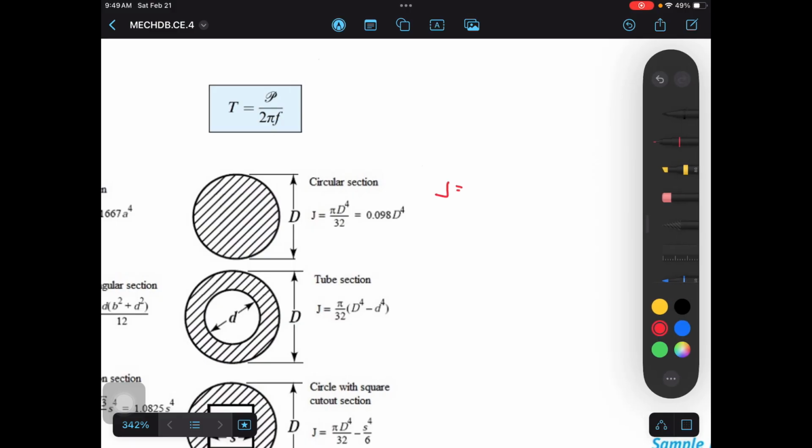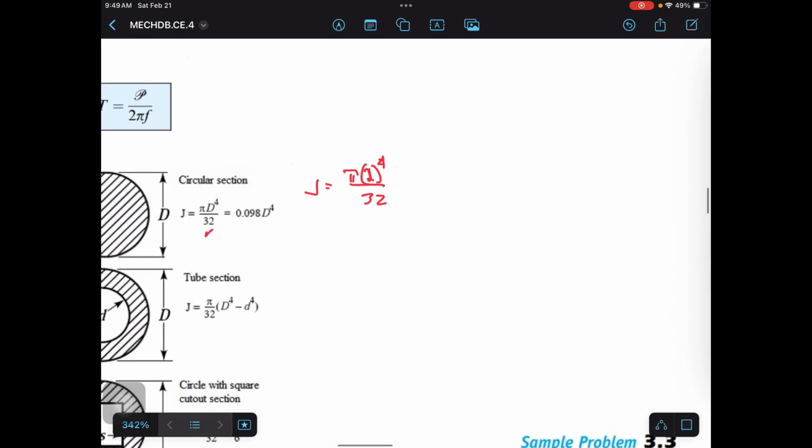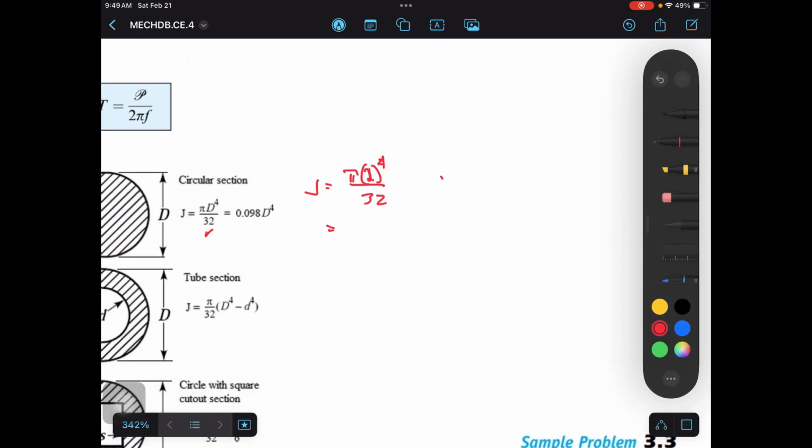Our diameter is 2 inches, right? So, let's use this: pi, diameter of 2 raised to 4 over 32. Let's compare. What if we use J equal to 0.098 times 2 raised to 4?